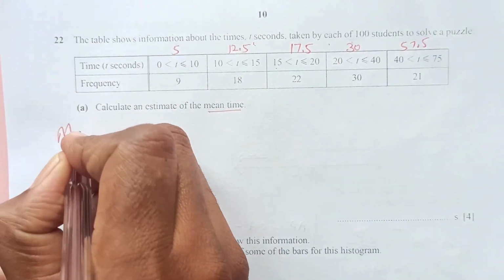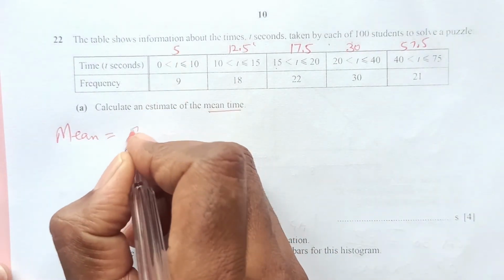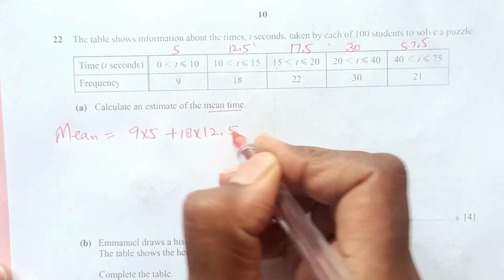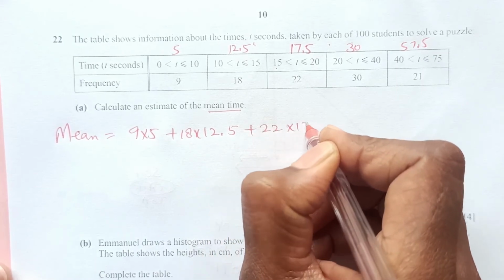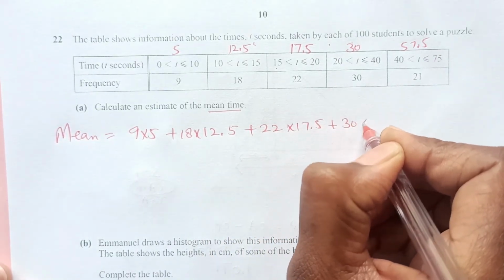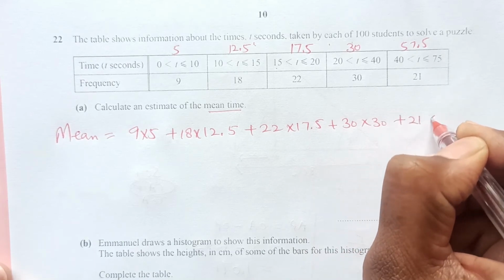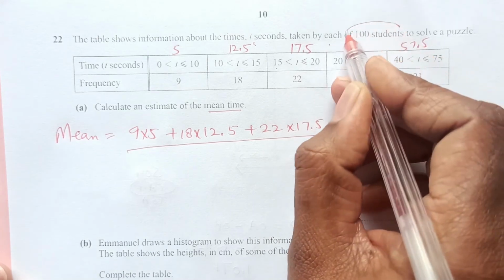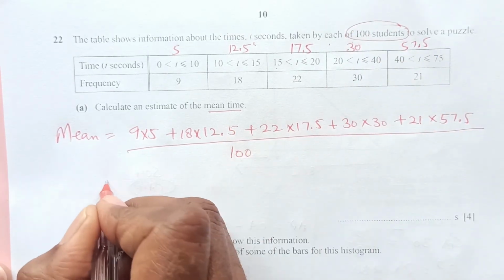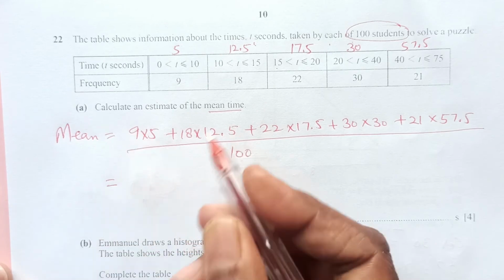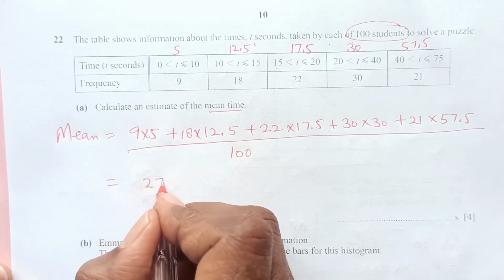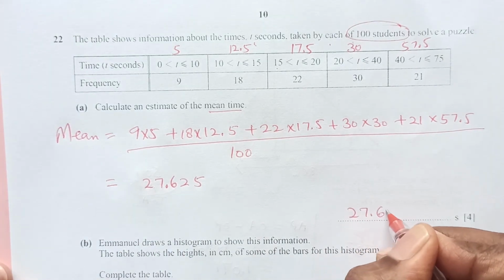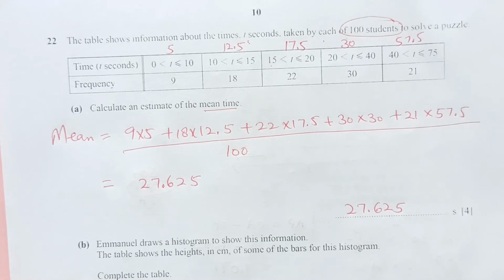Now the mean is 9 times 5 plus 18 times 12.5 plus 22 times 17.5 plus 30 times 30 plus 21 times 57.5, and divide by the total of frequency, which is 100. I have already calculated this: 27.625. That is the final answer, right?